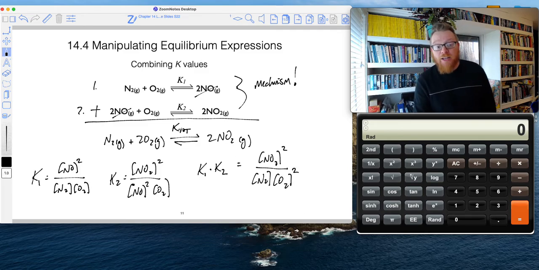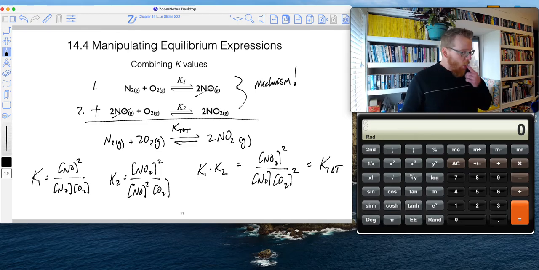Okay, well, let's now look at this K total reaction. How would I write an equilibrium expression from this K total reaction? Products over reactants, right? And that would go as NO2 squared divided by N2 times O2 squared. So you can see that that actually equals K total.